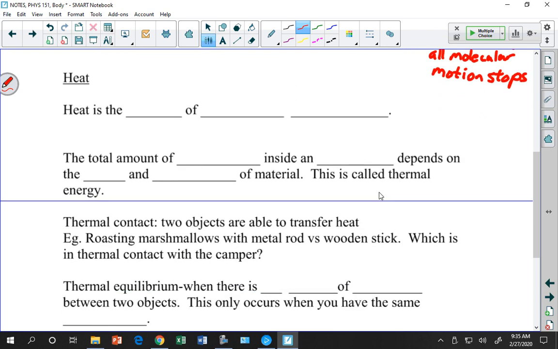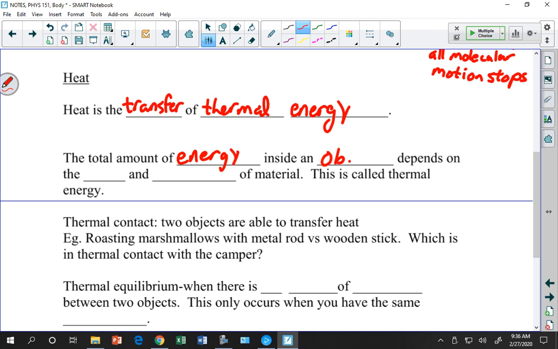Very good. Heat is the transfer of thermal energy. So the total amount of energy inside an object depends on the type and amount of material. And this is called thermal energy.